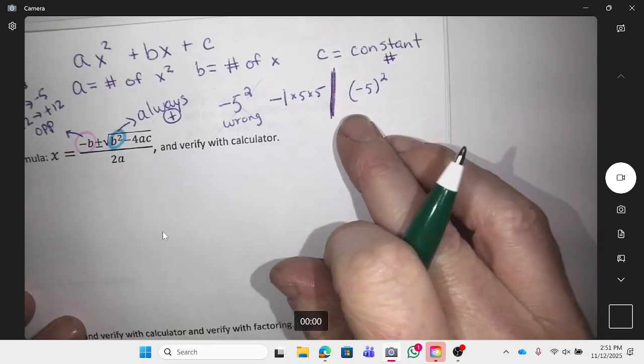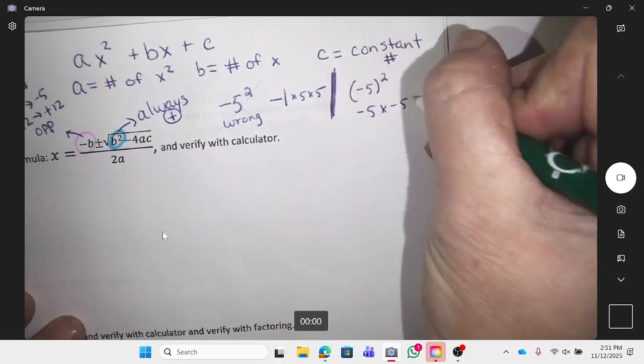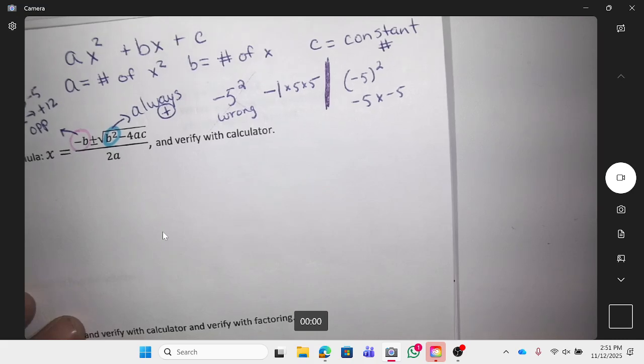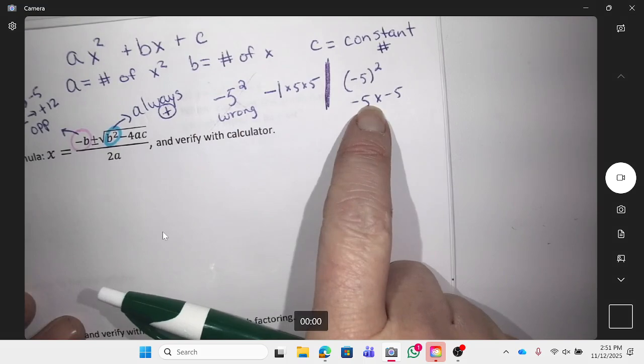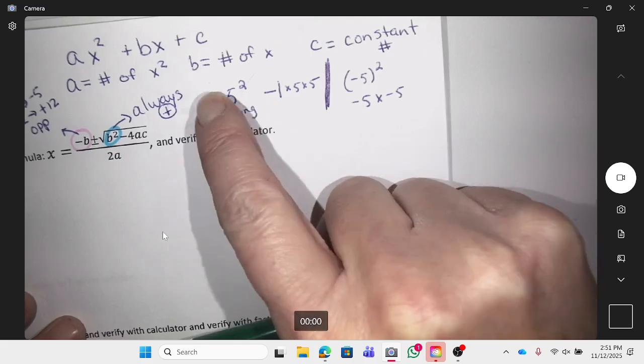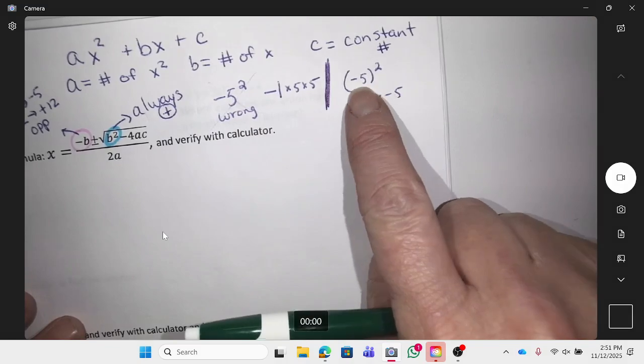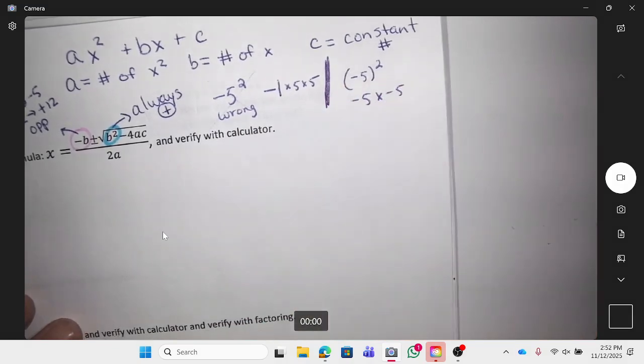So this time, I'm really making my calculator do -5 times -5, which is a square. Do you see a difference in math? Because BEDMAS here says square this, then times it by -1. And then BEDMAS here says square this whole thing.